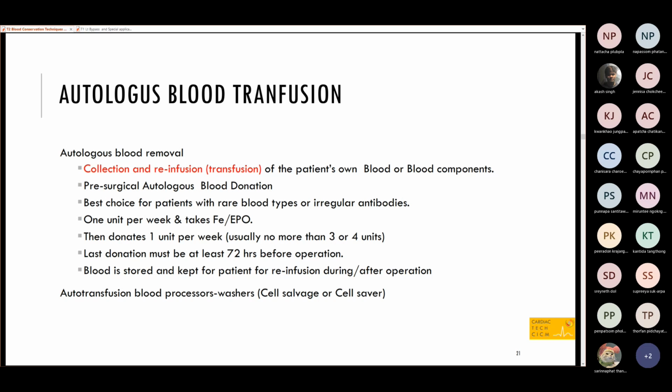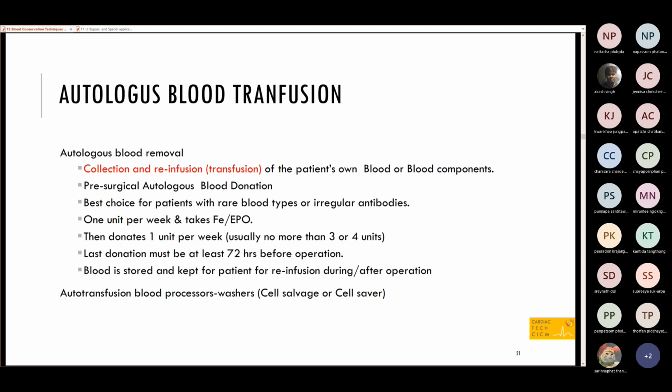It is the collection and reinfusion of the patient's own blood or blood components. That means all the blood that's lost from the patient is going to be reinfused.